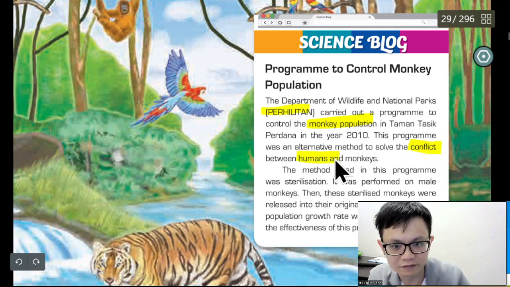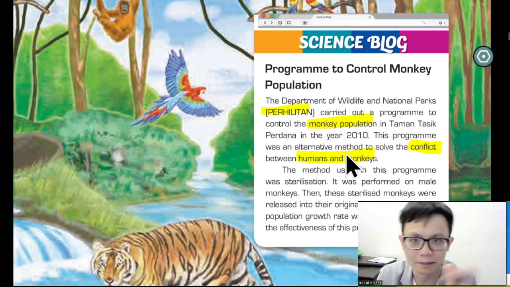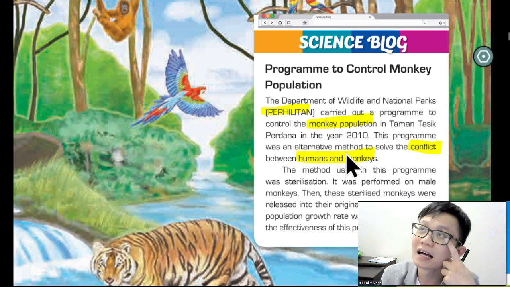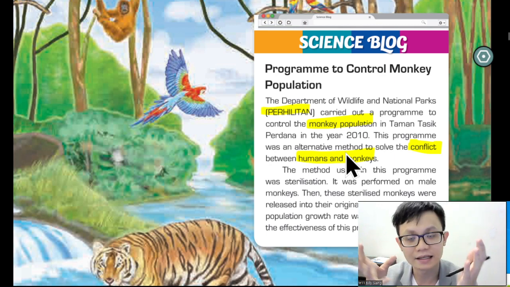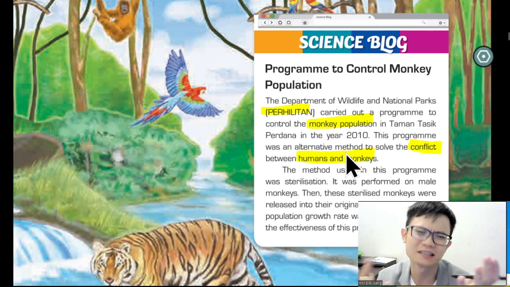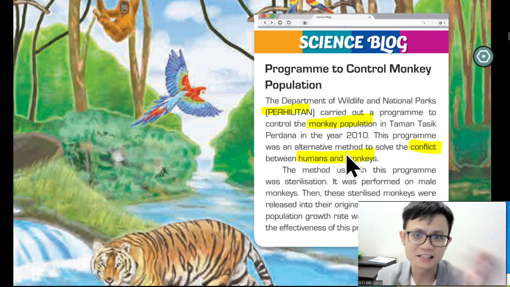Like you want to fight because you have a conflict. So humans fight with monkeys, correct or not? Maybe because we also want the place to stay and the monkey also wants the place to stay. In fact, only last week I read a news story about a monkey attacking a child. This always happens in the kampong because the monkey just jumps into the room and bites the baby, only about 1 month old.